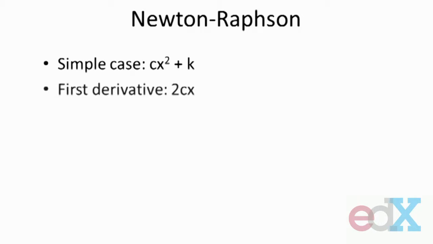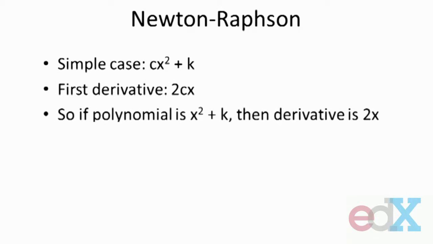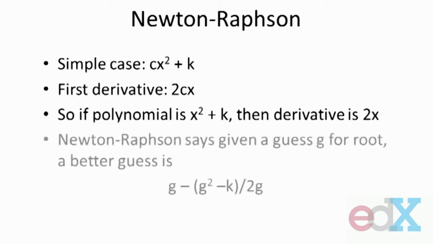Okay, so what does this have to do with things? Well, let's look at an example, a really simple case. Suppose our polynomial is just some coefficient c times x squared plus k. Then its first derivative is just 2cx. And in particular, if the polynomial is just something simple like x squared plus k, then the derivative is just 2x. Why is that nice? Well, Newton-Raphson says that given a guess g for the root, a better guess is just shown right here.